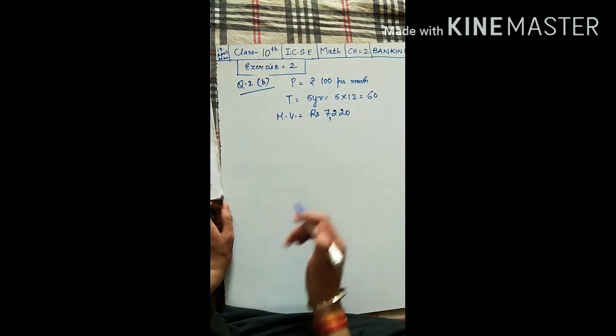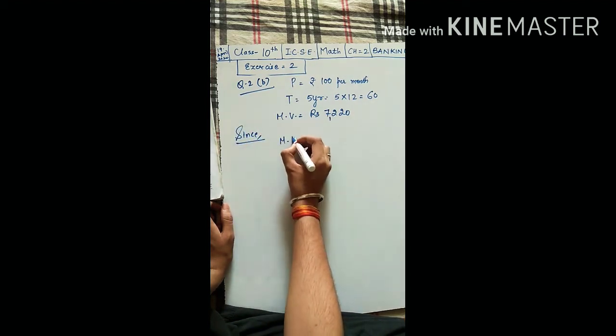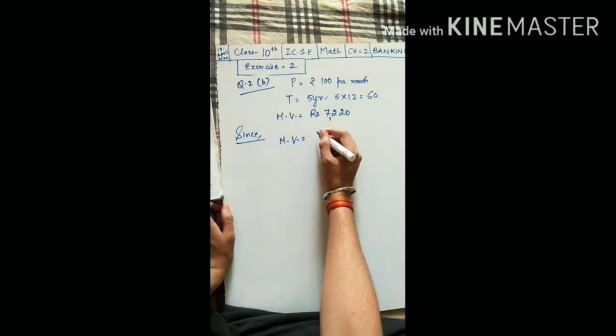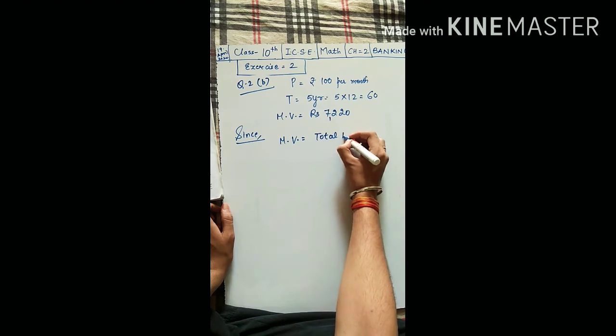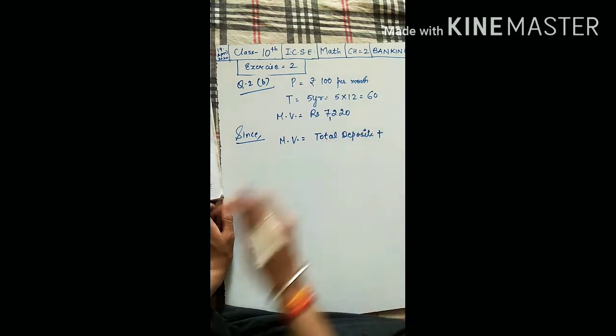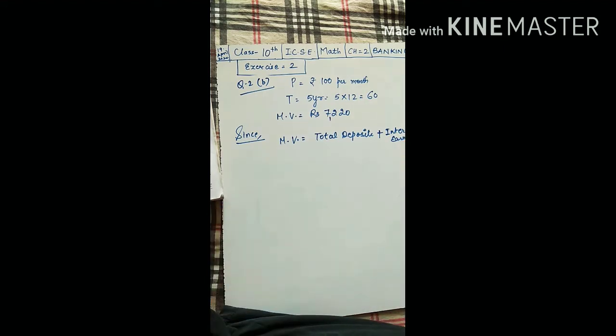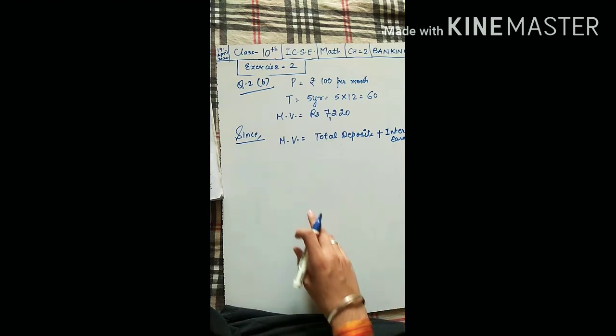We have one formula: maturity value is total deposit plus the interest earned. Let us substitute.